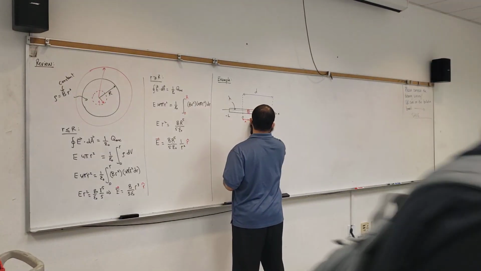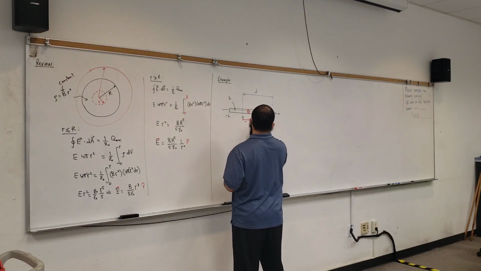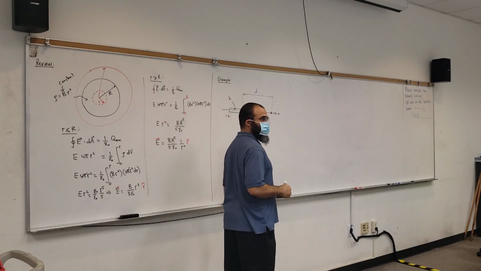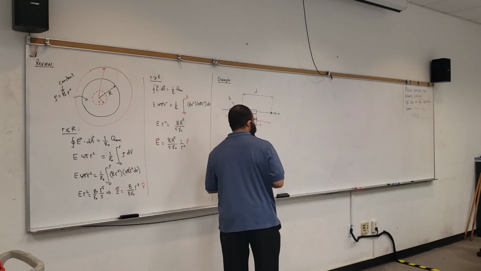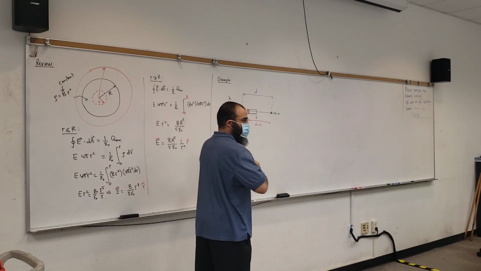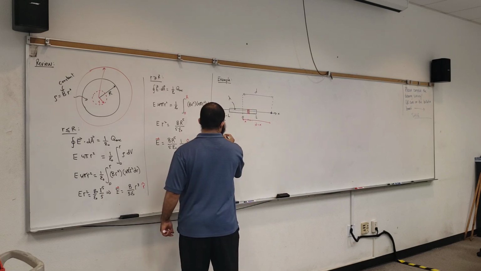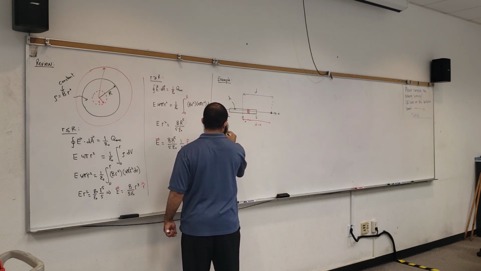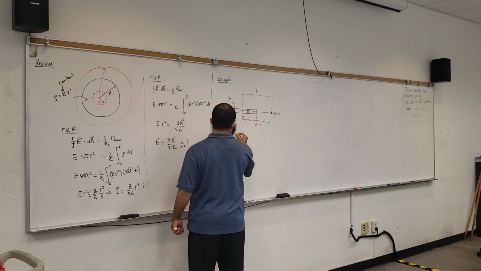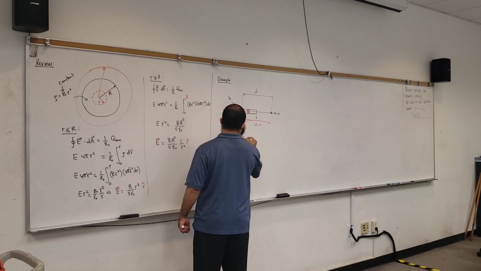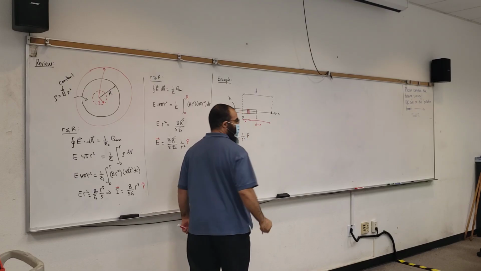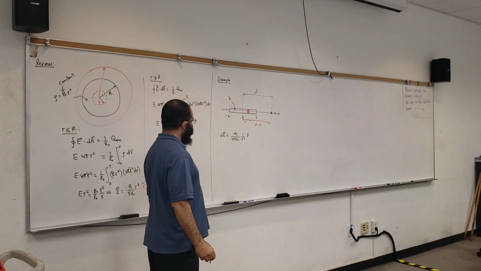So what would this distance be? It's d minus x. So here's what we know: dE for a point charge is going to be dq over 4 pi epsilon naught times 1 over r squared times r hat.